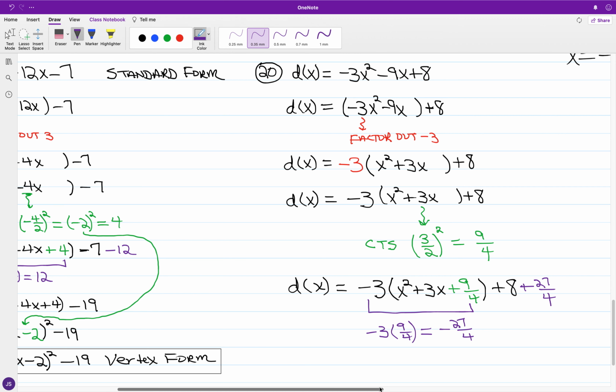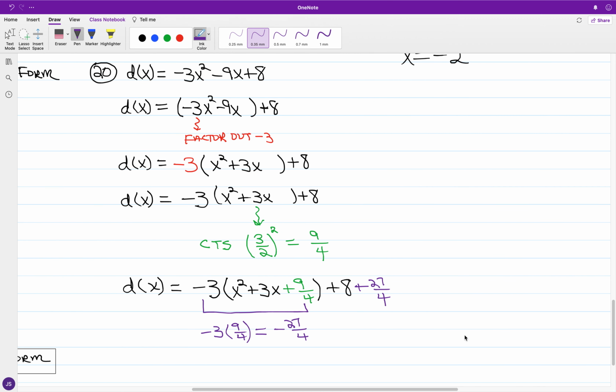And so for what we have in the case of 8 plus 27/4, just moving to the side here, you have 8 over 1 plus 27/4.